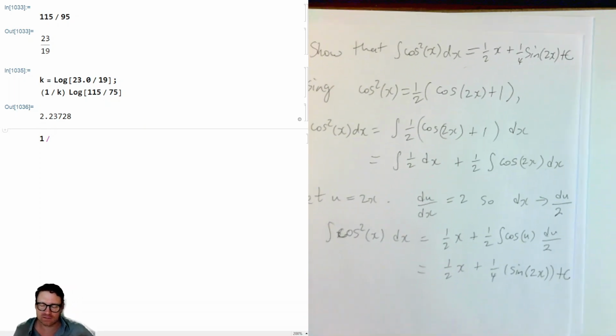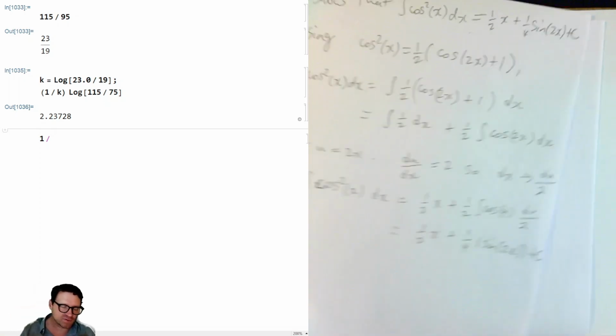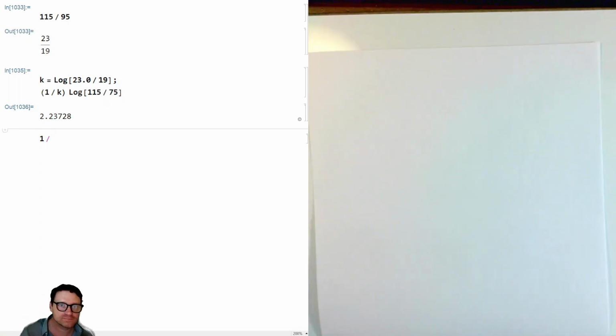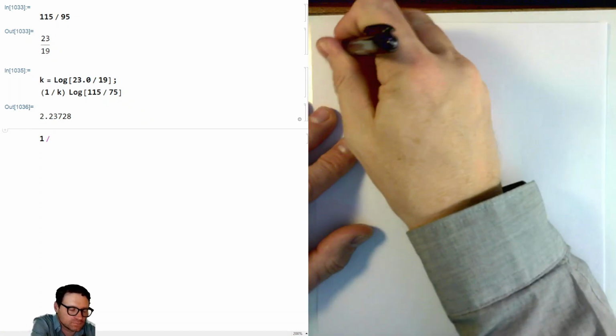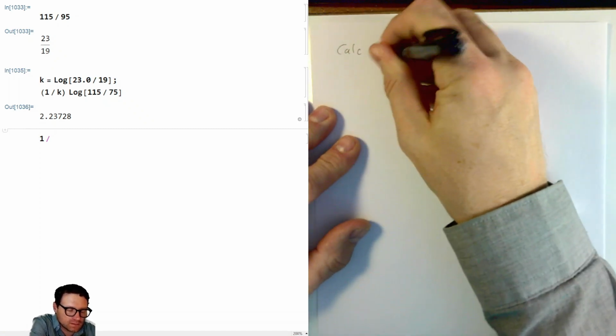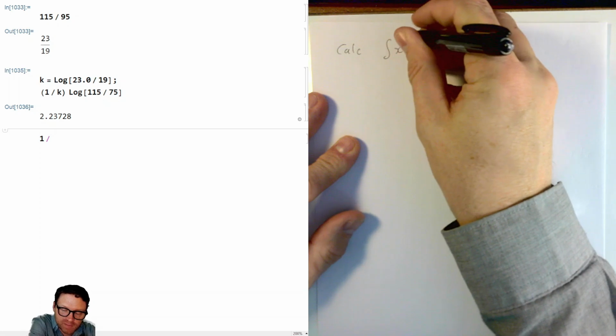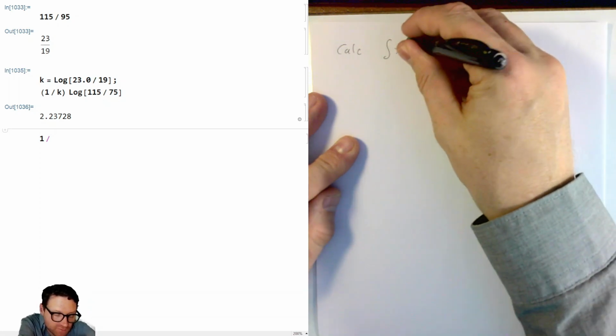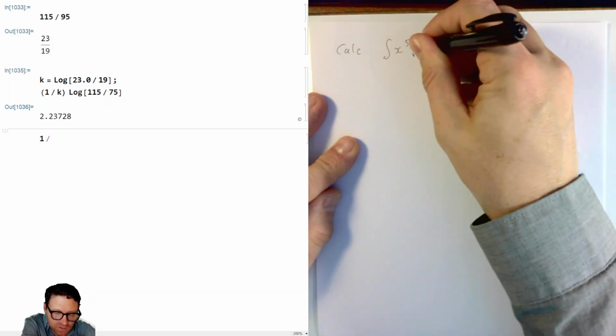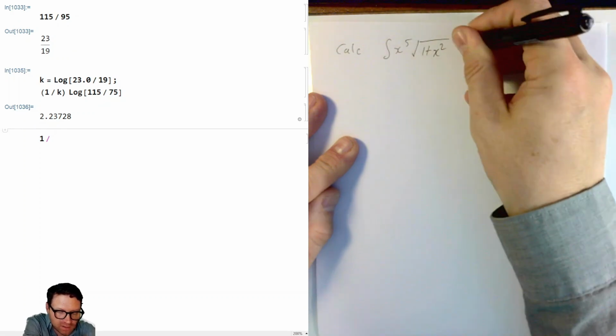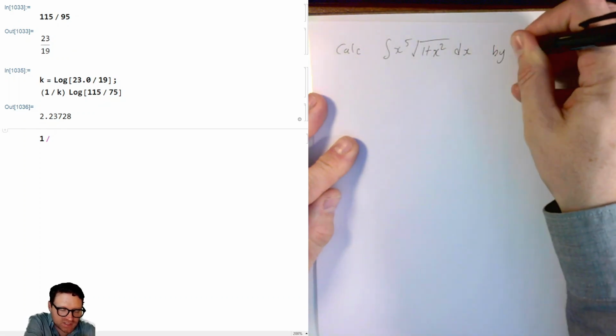Fantastic, let's move on. Okay, next problem. Calculate the integral of x to the power of 5 times the square root of 1 plus x squared dx by substitution.